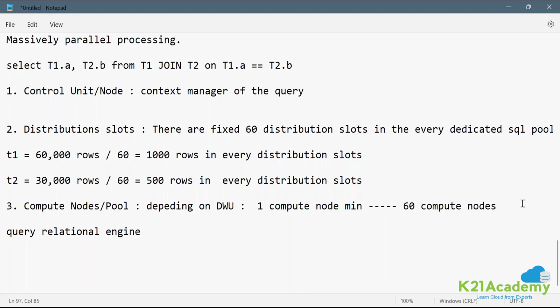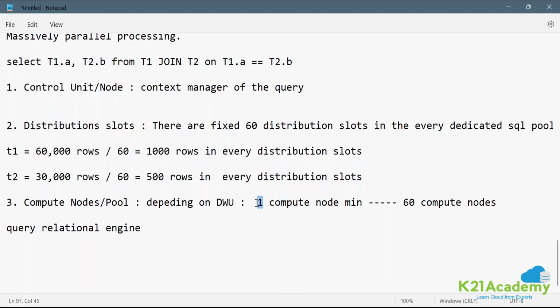It can be 1 to 60. Now, depending on how many you have, the 60 buckets will be distributed equally among them. So let us say right here, compute node, and here, write number of buckets, or slots, to process in parallel.